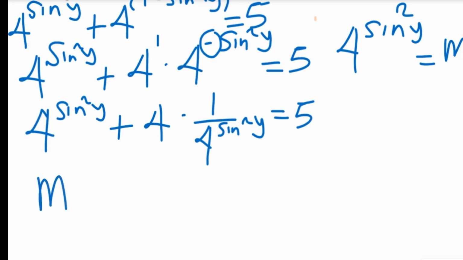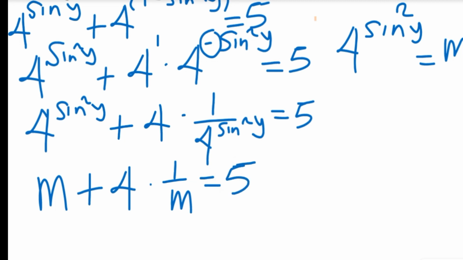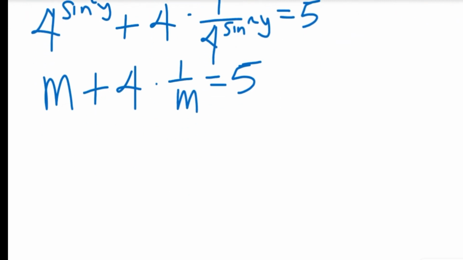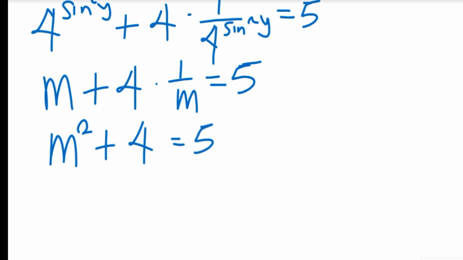This will give us m plus 4 multiplied by 1 over m equal to 5. Now to clear that fraction, we'll multiply both sides by m. This becomes m squared plus 4, that will be equal to 5m.